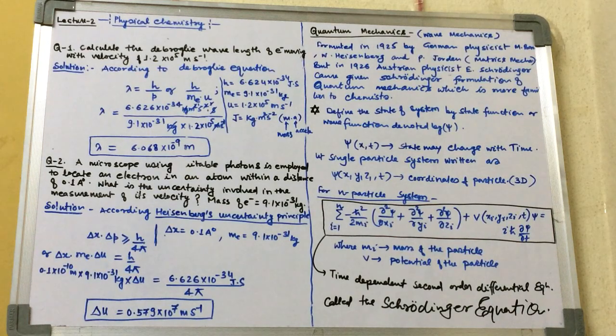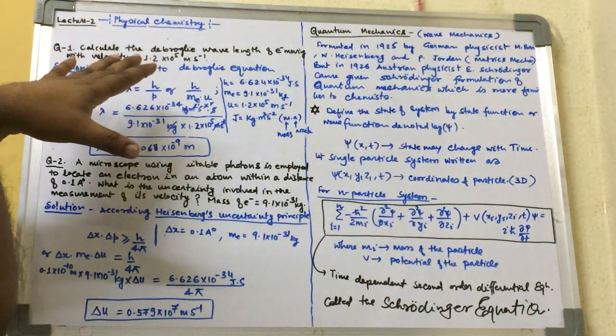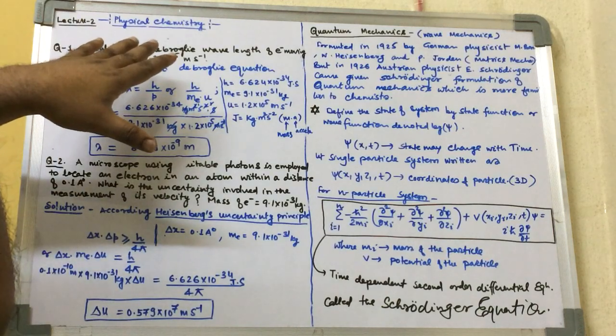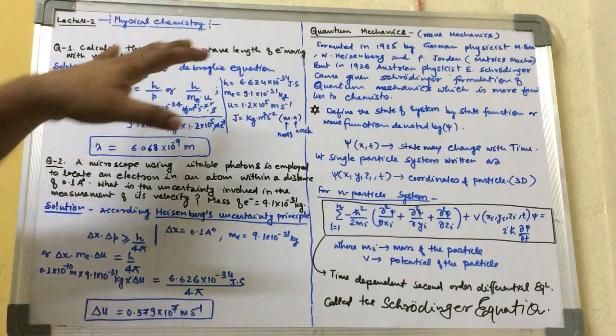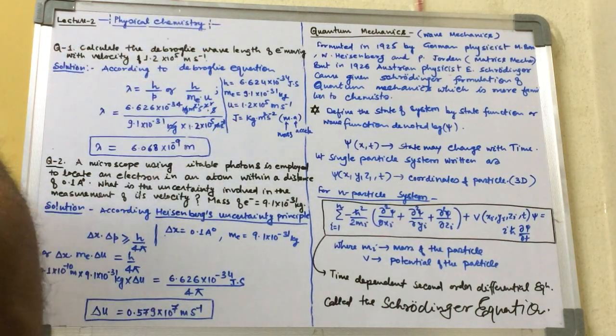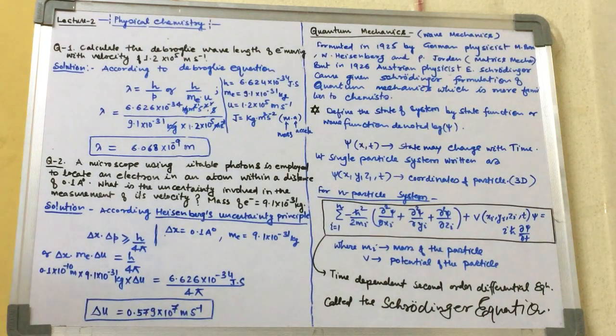Basically, when you read this, it should immediately click in your mind: here de Broglie wave is mentioned, so directly go to the de Broglie wave equation.